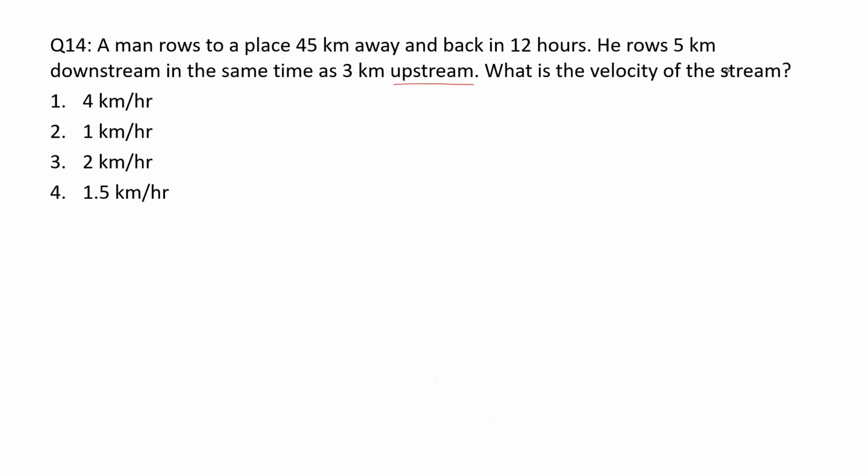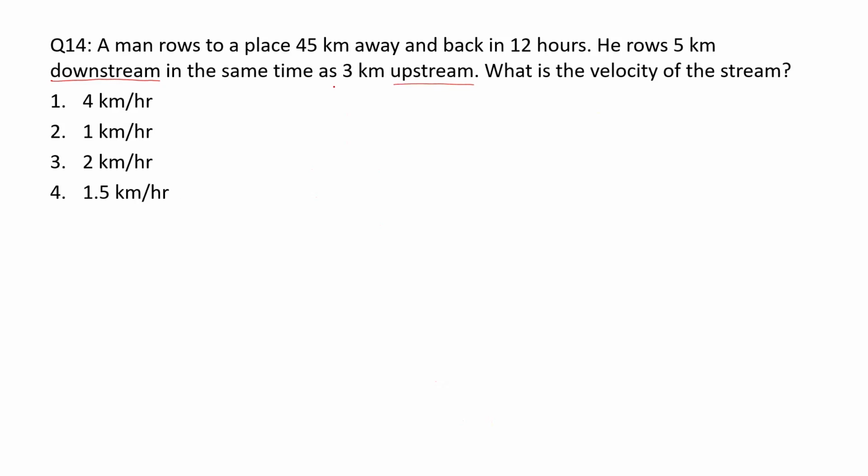So that means if you are going downstream, the same direction as the stream, the time taken by your boat will be less as compared to when you are going upstream to cover the same distance, right? You fix the distance, so you will see that going from A to B downstream will take less time than going from B to A upstream. So the distance is the same.